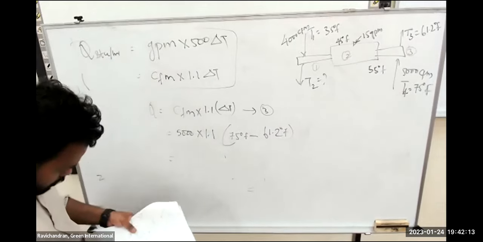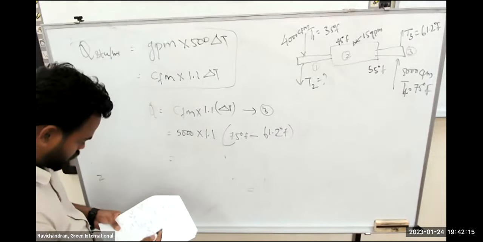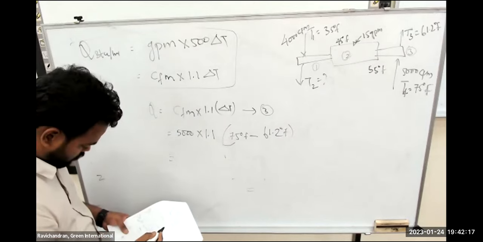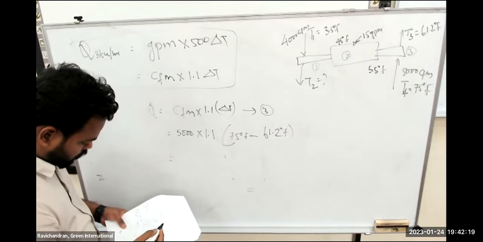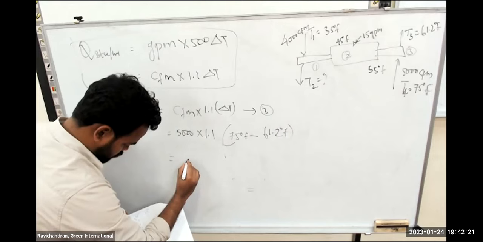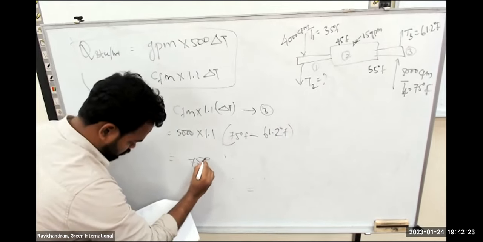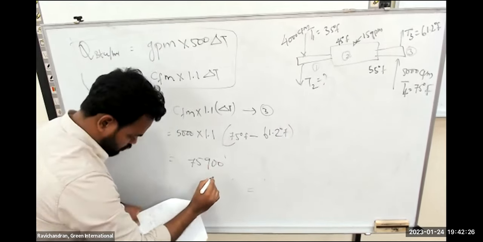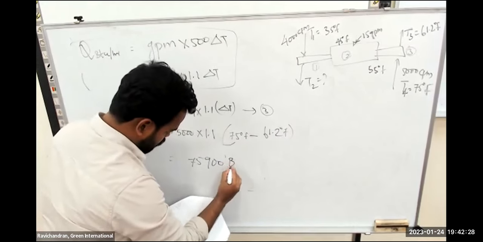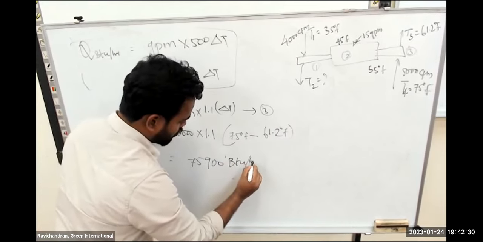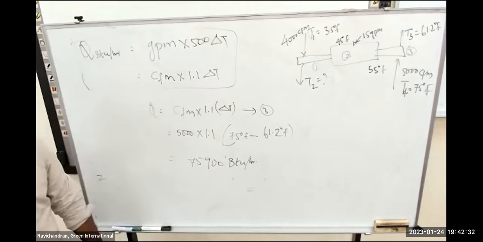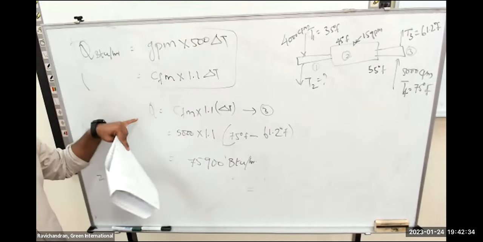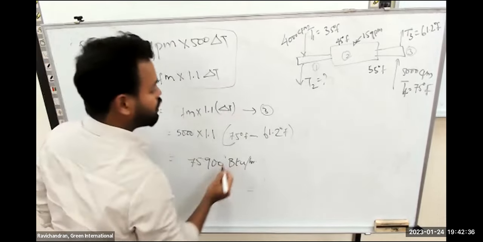Calculating this, you will get Q equal to 75900 BTU per hour.